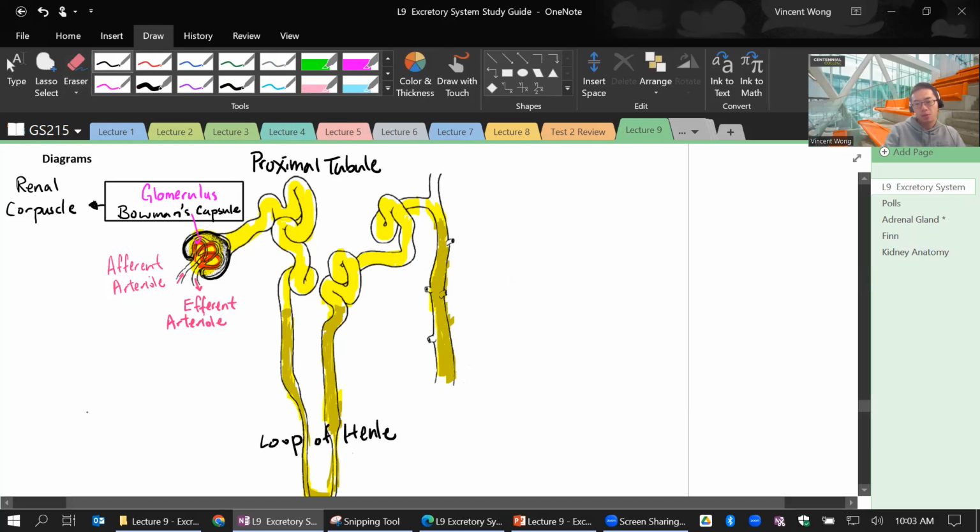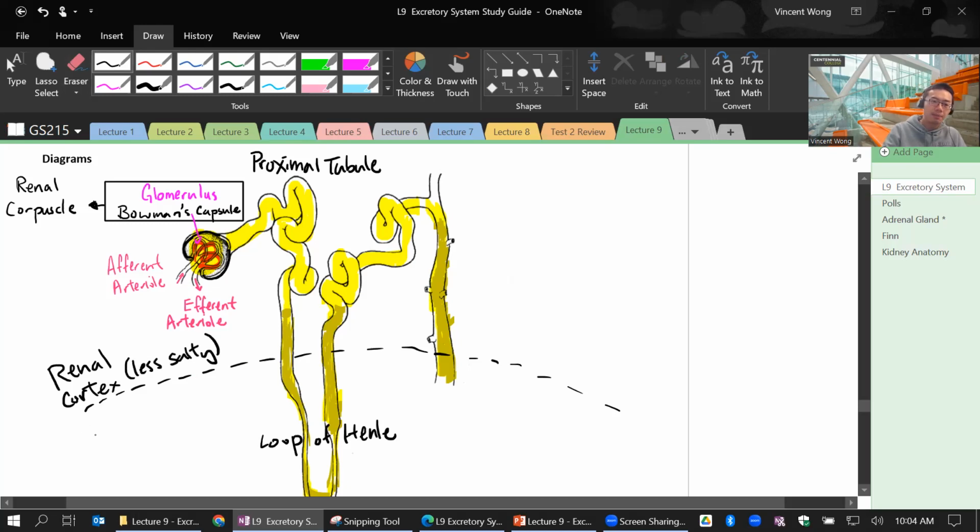Now, just a little bit of context here. This is going to be the renal cortex. Remember, less salty, lower osmolarity. And then we're inside the pyramid now, so that would be the renal medulla, which is more salty.